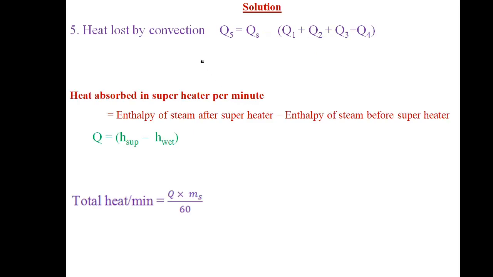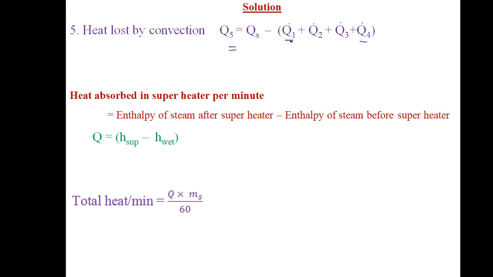Now, heat lost by convection is obtained by Q5. This is the amount of heat supplied, and this is the amount of heat utilized to generate steam. This is the amount of heat carried by hot gases. Then this is the amount of heat carried by moisture present in the fuel and steam produced, and Q4 is the amount of heat lost due to incomplete combustion.